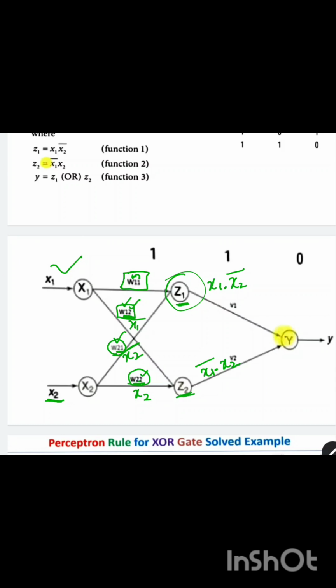Okay, so now what we will do is we will find out how to solve this diagram. So we have to assume W11 and W12 for Z1, and we have to assume W21 and W22 for Z2. This is what we are going to do.